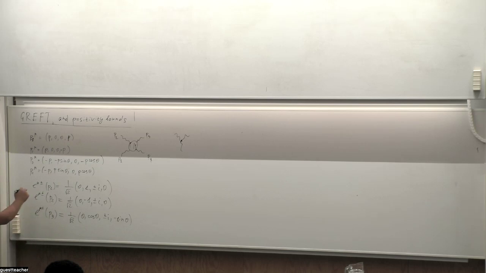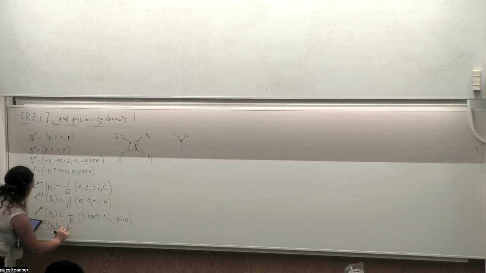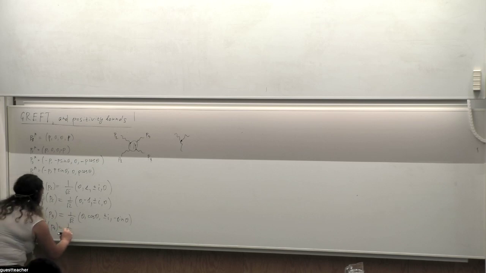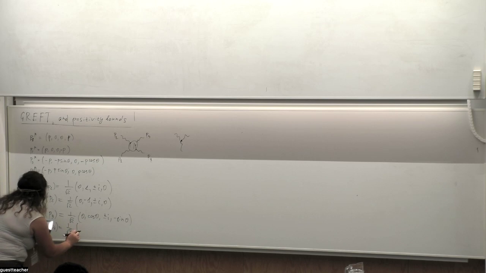It's not yet graviton polarization tensors. It's just vectors out of which it is convenient to construct the polarization tensors. They are also normalized by unity.